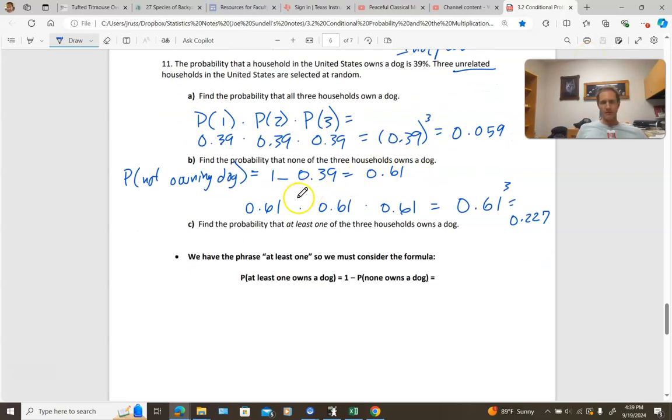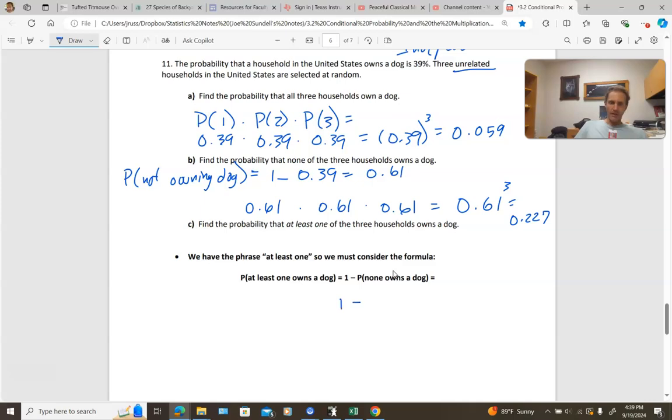All right, and then very similar to that last one, find the probability that at least one of the 3 households owns a dog. Well, that's going to be the probability, well, it's already written. I have it already written here. So the probability that at least one household owns a dog is going to be equal to 1 minus the complement, which would be the probability that none of the households own a dog.